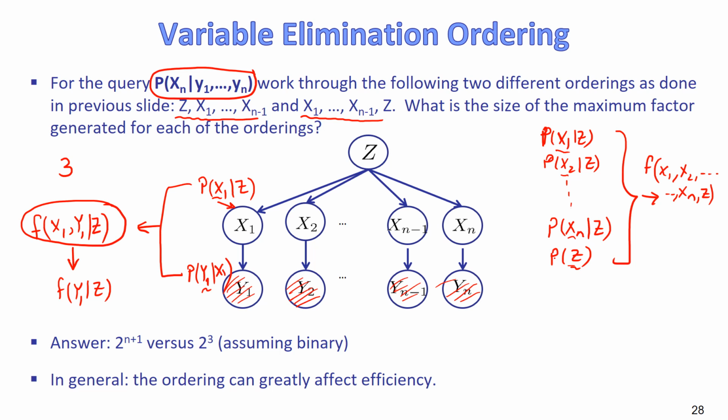We get first the union of all the variables that appear before the condition, and then we put the rest after the condition. So here we don't have any other variable, so the factor will be f of x1, x2, up to xn and z, a joint factor between all of these variables. Okay? Any question up to this point?